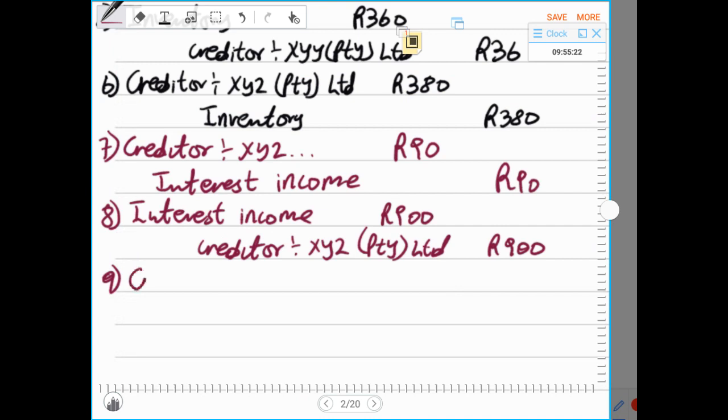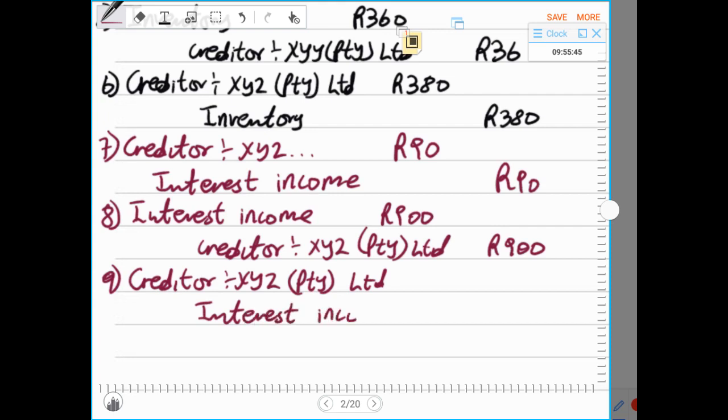So now we know that a discount will reduce our creditor, which is XYZ Pty Ltd. Then after, we credit our discount, which is interest income, because it was not recorded, and the amount is 120 rand.